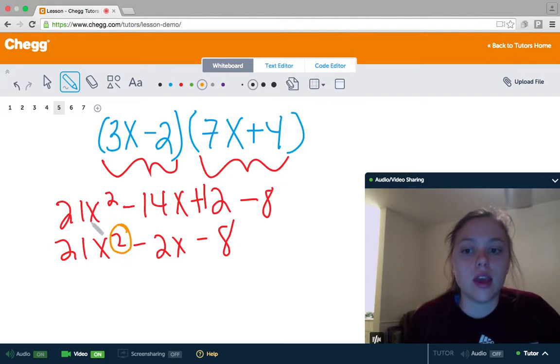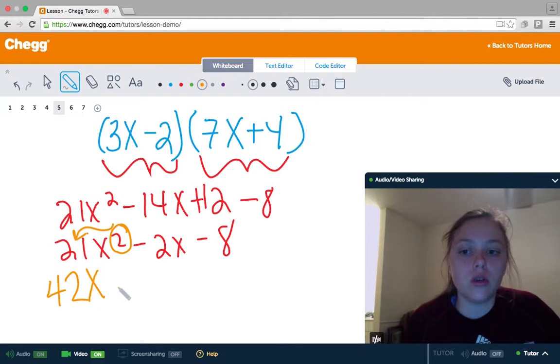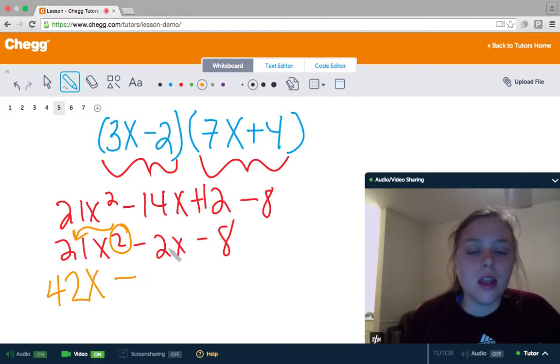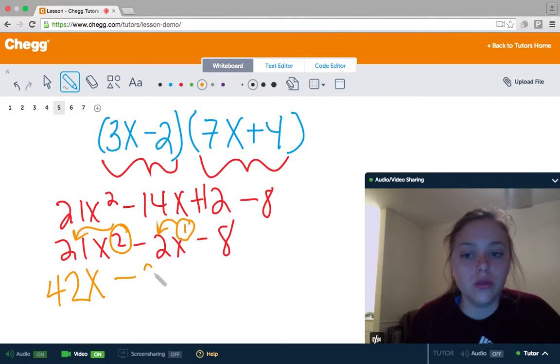You're going to take the exponent, multiply it by the 21 to get 42, and subtract one of those x's away to get just x instead of x squared. So you're going to have 42x. Then you're going to take the exponent on this, which there is an implied 1 there, and multiply it by the 2. 2 times 1 is just 2.